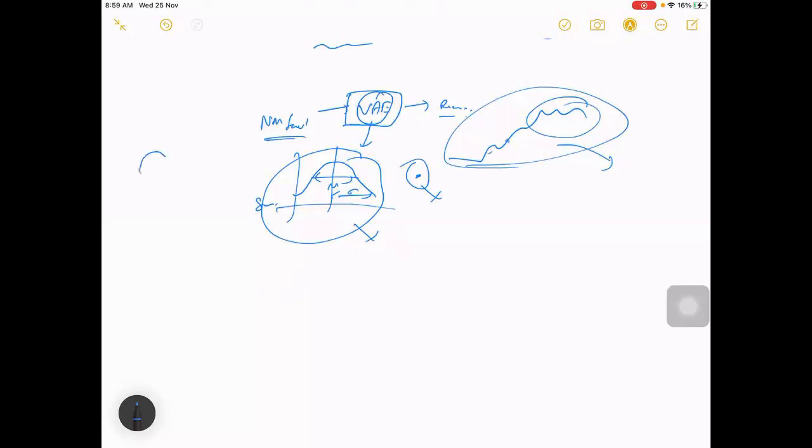We only trained it for this, we did not train for something like this. So here the mean and variance will be different. Taking that into consideration, it won't be able to reconstruct, so the reconstruction error will be more.